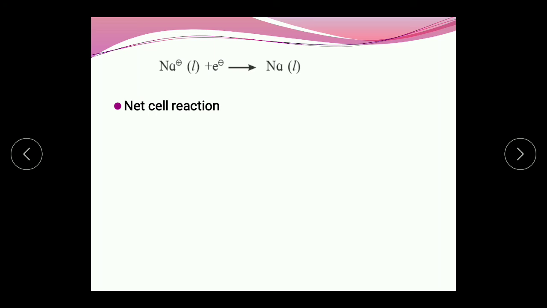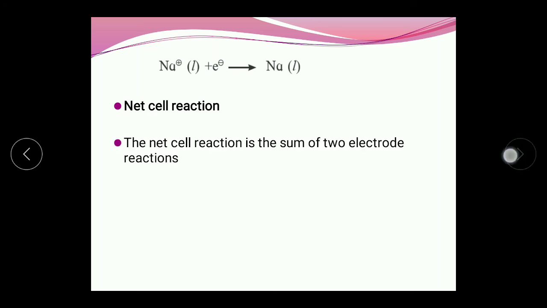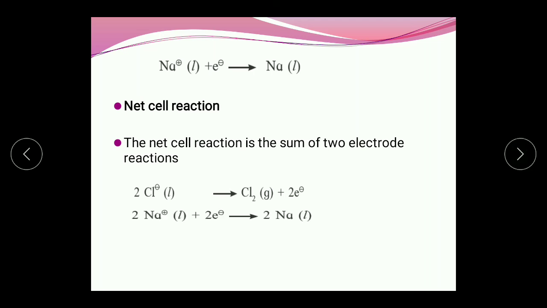So, what is the oxidation half reaction? It is 2Cl minus converted into Cl2 plus 2 electrons. This is the oxidation half reaction, and 2 Na plus plus 2 electrons gets converted to 2 Na neutral. It is the reduction at the cathode, and the overall reaction is the sum of these two reactions.